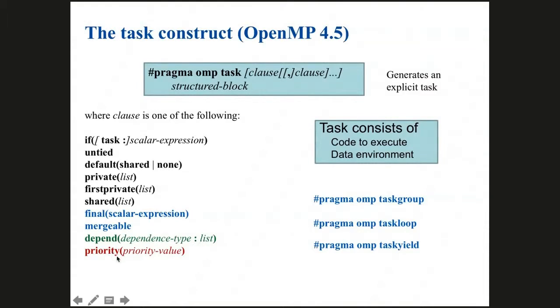It currently has depend, priority, and some others like mergeable and final. So it's a useful tool in OpenMP for you to apply OpenMP to a wide range of programs.